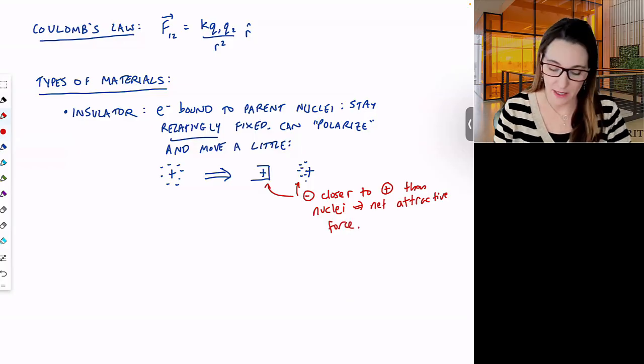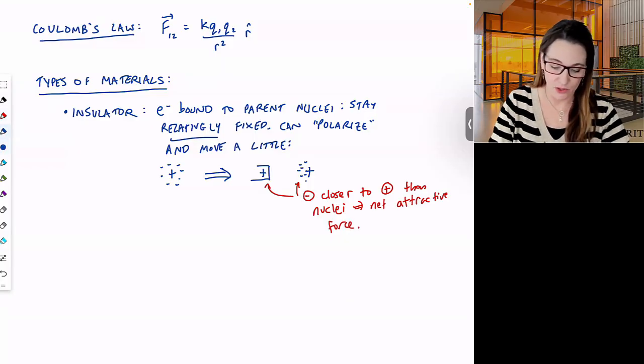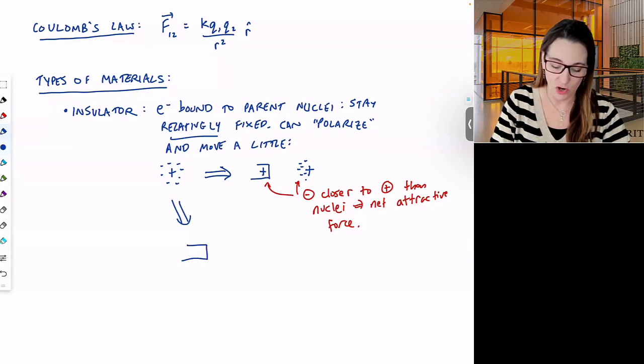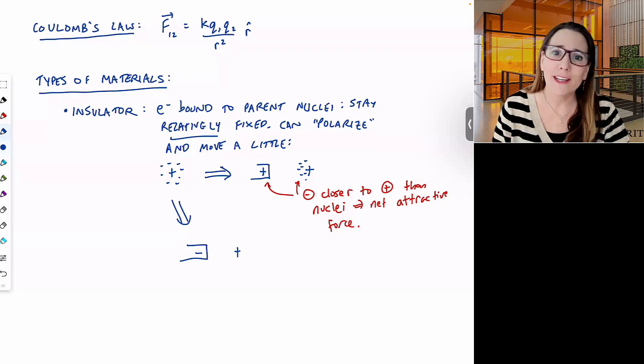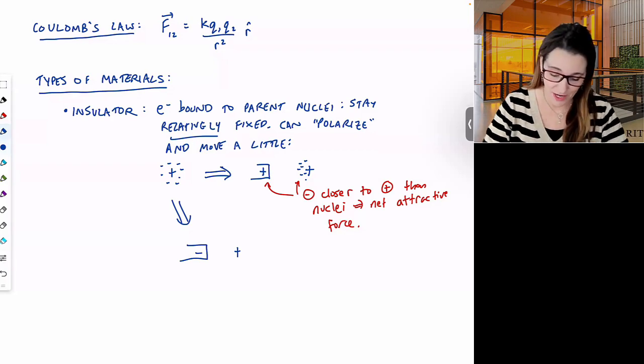So what would happen if we brought in a negative charge? Let's say we brought a negatively charged rod near our atom. Well, the negative is going to scare away the other negative, so now the negatives go to this side.